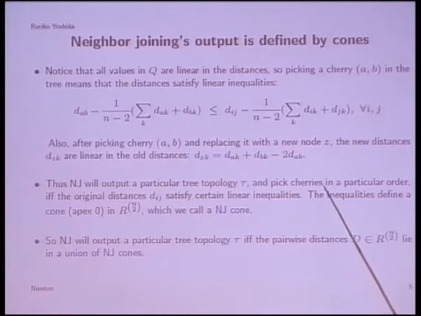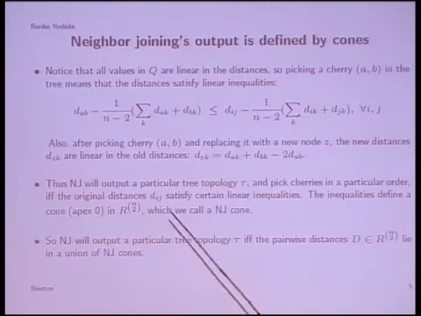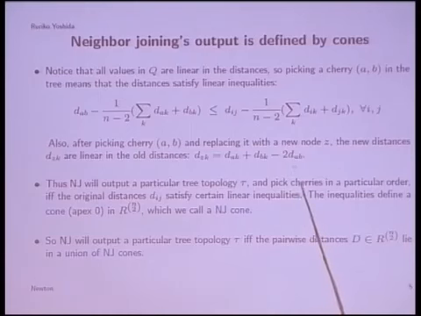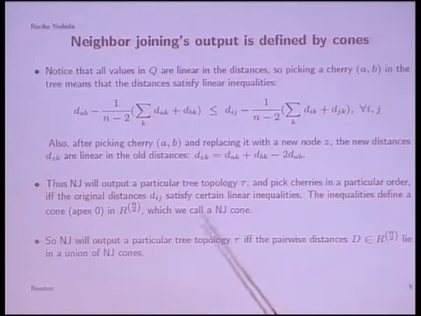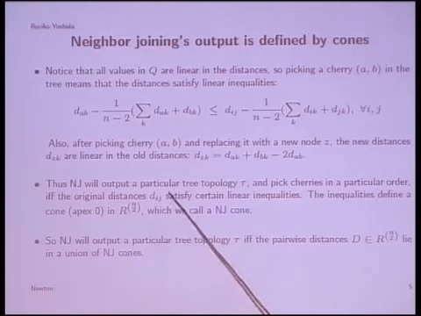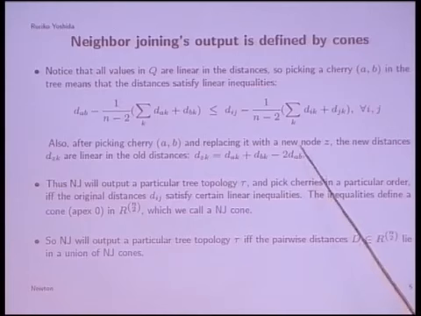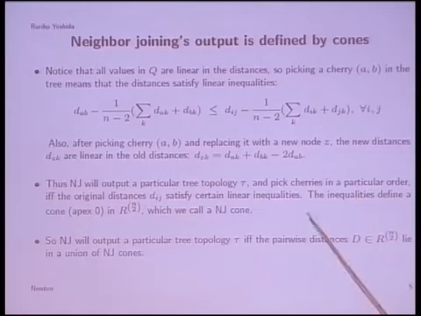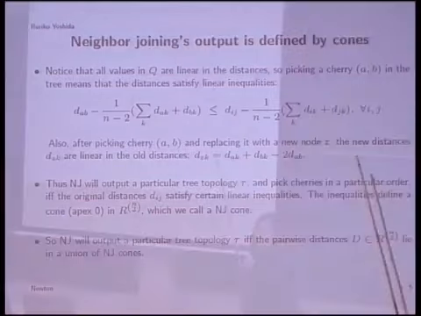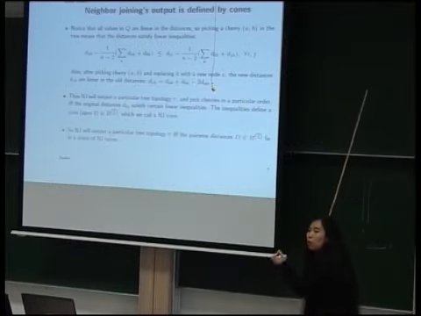If we fix the particular order and tree topology, then the neighbor-joining method outputs that tree topology with that order if and only if the original distance matrix D_ij satisfies certain linear inequalities, namely the Q criterion and also the dimension-reducing equations.